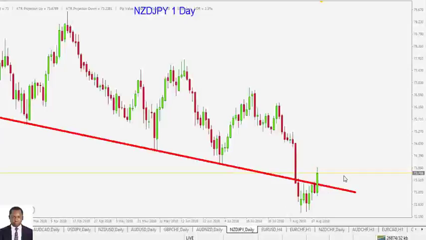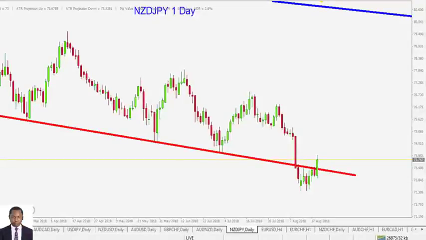The next pair is the New Zealand dollar against the Japanese yen. We talked about this again, where we're waiting to see the type of reaction we'll get off this counter trend line that was acting as support, and now holding price there as resistance. You can now see the price has broken above. Okay, just the same thing with the euro against the American dollar.